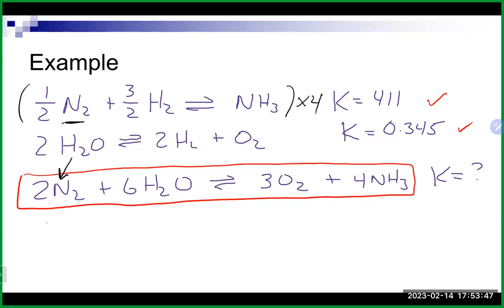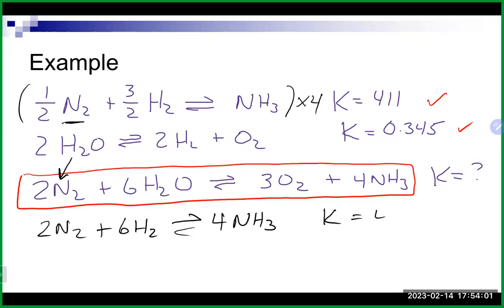That will give me 2 of the N2 plus 12 divided by 2, which is 6 H2, which will give me 4 of the NH3. Because I multiplied by 4, we take the K value to the 4th power. Any questions on that there?